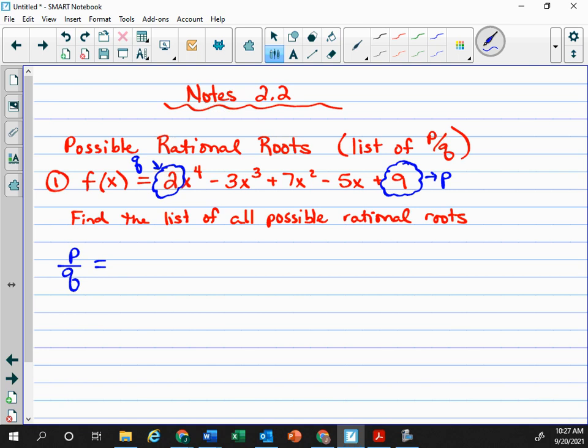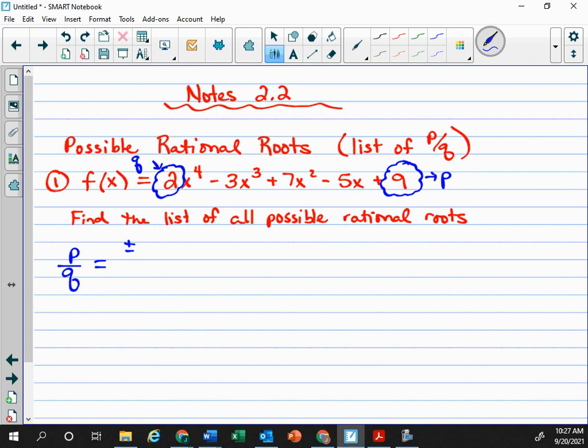All right, so back to our P over Q list. So guys, P, the 9 at the end, what are the factors that make up 9? Like what things could you multiply together to get 9? 3 and 3. What else? 1 and 9. What about -3 and -3? -1 and -9? Okay, so the way we list this, we're going to write plus or minus, and this is just in front of all of them.